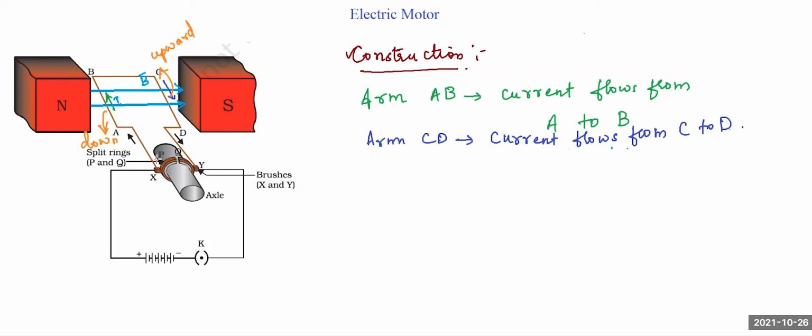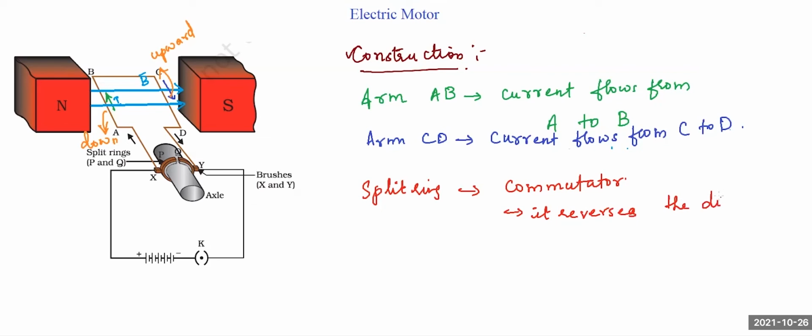So the split ring used here, PQ, is called the commutator because it reverses the direction of the current every half rotation.